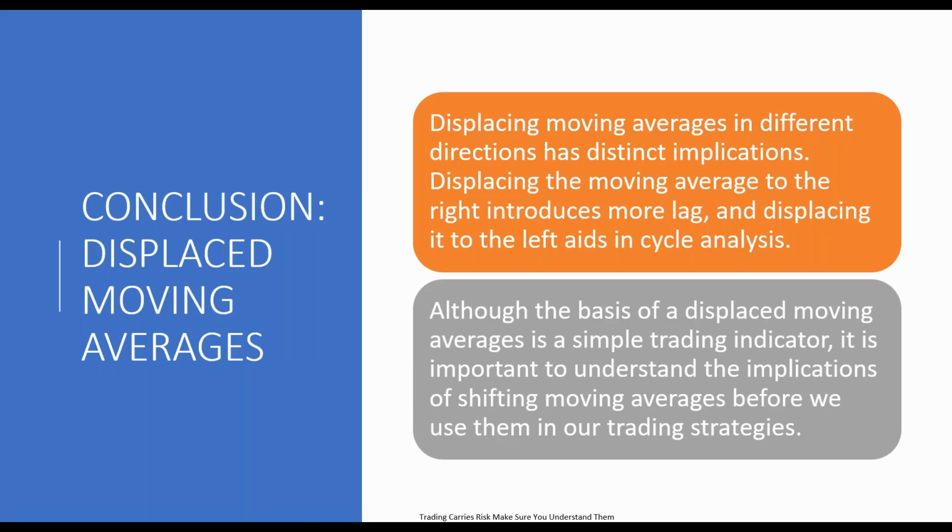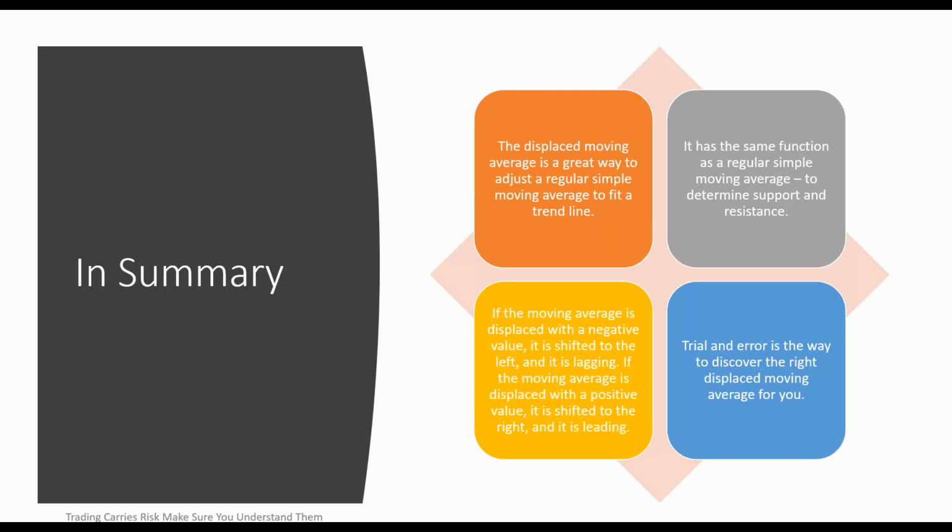So displaced moving averages in different directions have distinct implications. Displacing a moving average to the right introduces more lag, and displacing to the left aids in cycle analysis. The displaced moving average is a great way to adjust a regular simple moving average to fit a trend line.